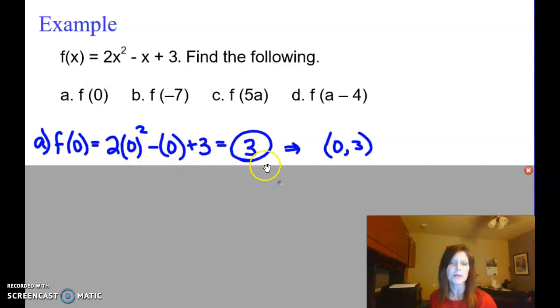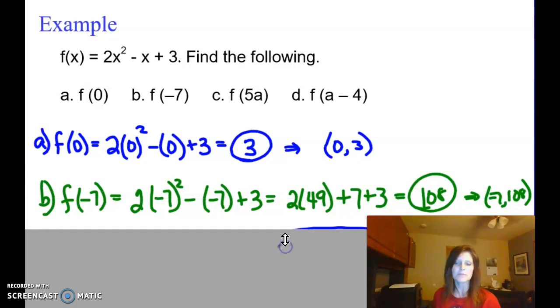We simplify and get a 3. The thing I put in is the x value, that's the input, and I put that for my x. The answer I get out, the output, is my y value. So this is telling me for this particular function, I would have the ordered pair 0, 3 on a graph, right? The next one is f of -7.